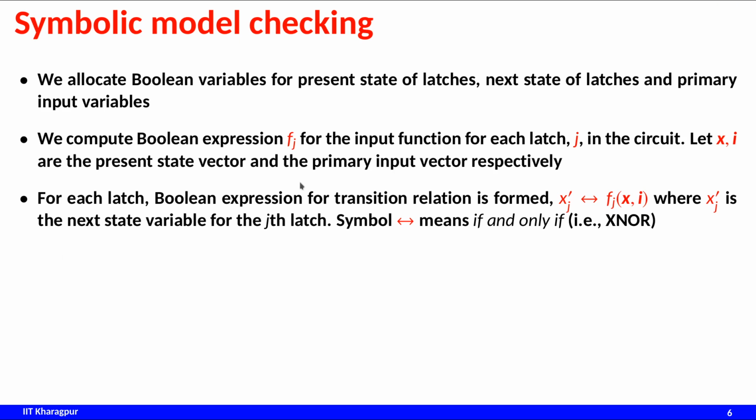So the transition relation for each latch will be represented in this manner, which says that the next state variable is the same as this functionality, because this value will be updated at the edge of the clock, and the functionality X prime will observe is nothing but the combinational input to that latch.